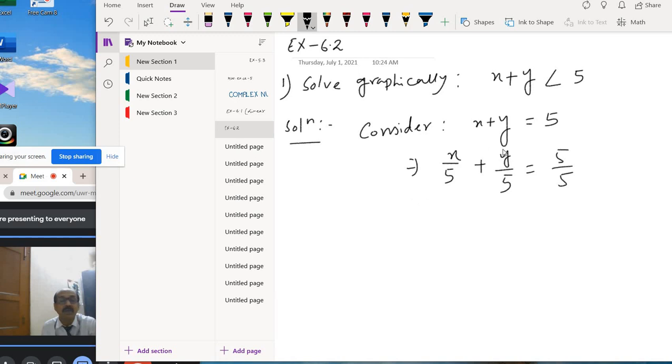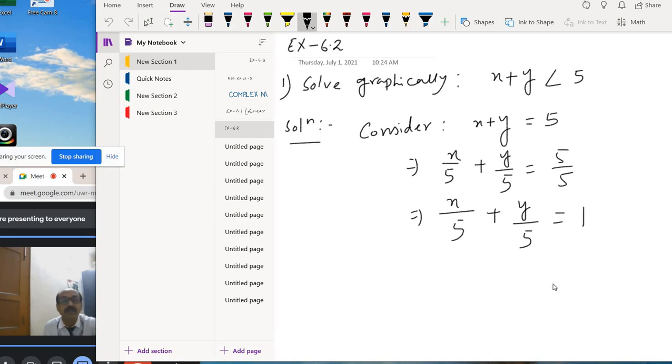Okay, because it is equal to 5, to make the constant 1, we are dividing here by 5. So x by 5 plus y by 5 is equal to 1.